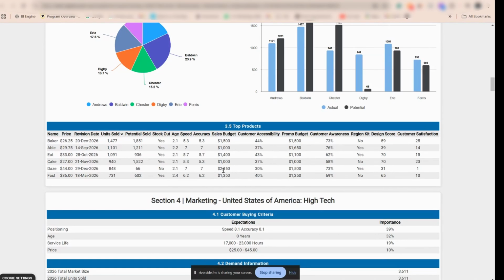But you can also see that the percentage accessibility is 44%, 30%, even though he spent $2 million, but note the price was really high. So in the low tech market, price is key. So that's why you have this. But for promo budget, it was still about the same amount, and accessibility about 73%.